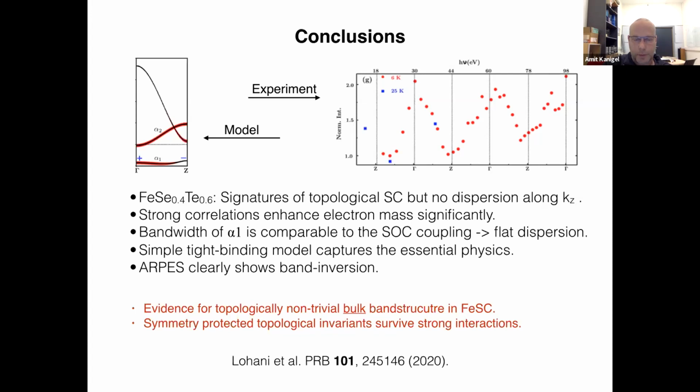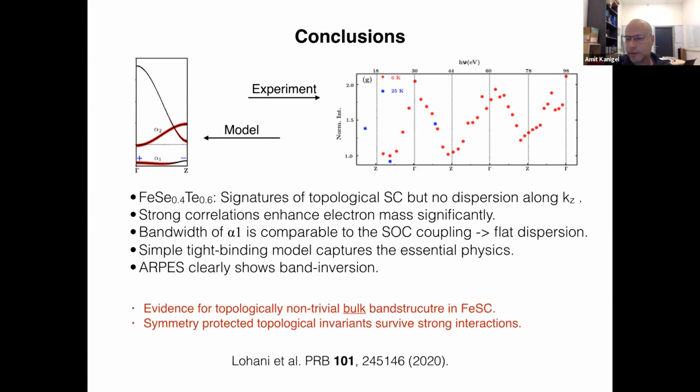And by looking carefully at the intensity and using the selection rules, we can even show that there is indeed a band inversion. So we think this is very strong evidence of a topologically non-trivial bulk band structure in this material. I think the most interesting part is that it shows that the symmetry-protected topological invariants somehow survive this strong interaction.